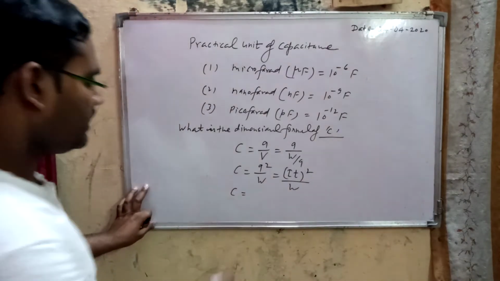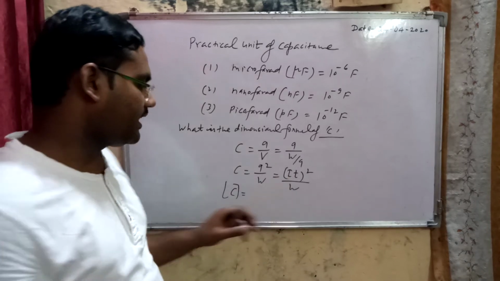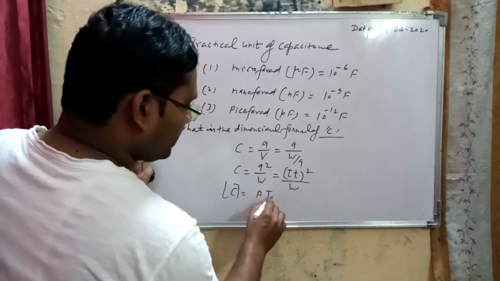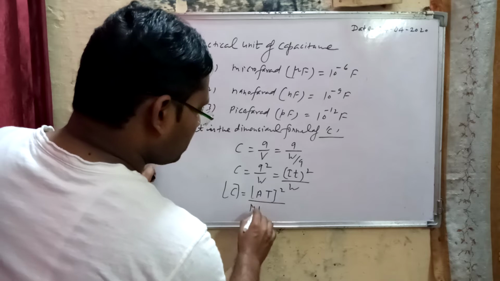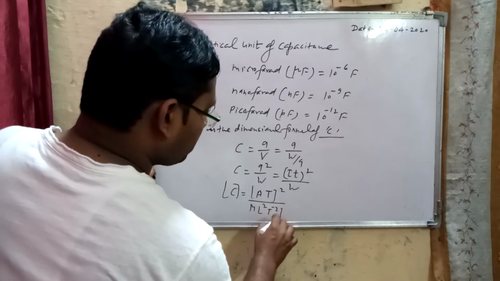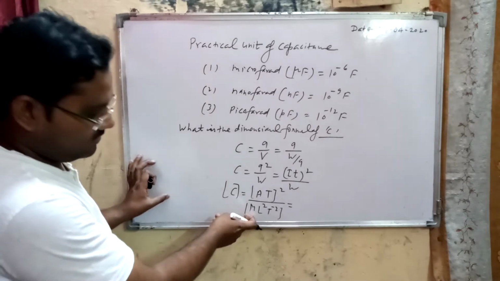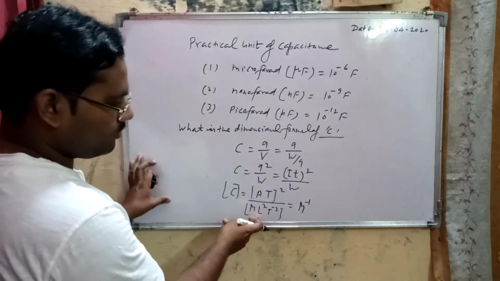Now here we write the dimension formula of C. The dimension formula of current is A, the dimension formula of time is capital T, and the dimension formula of work is M L square T power minus 2. Now here M in the denominator comes in the numerator, then its power is minus 1.